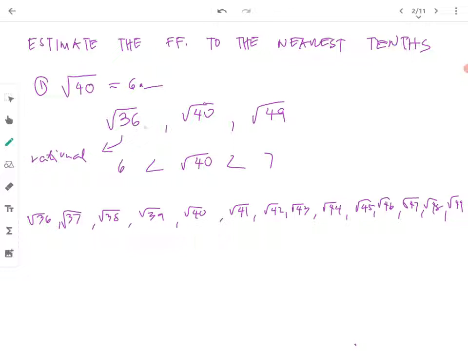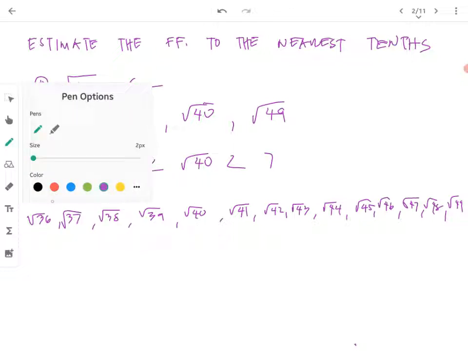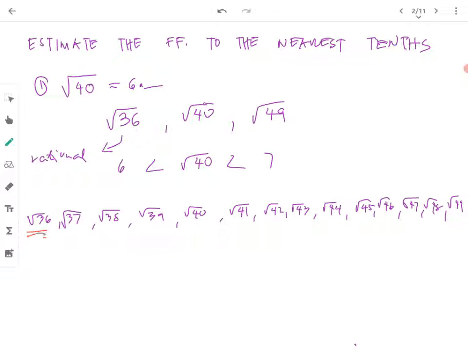Our considerations are the square root of 36, the square root of 40, and the square root of 49.